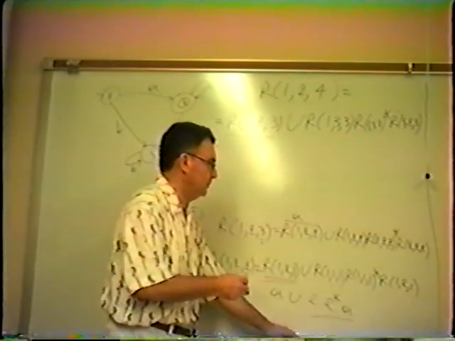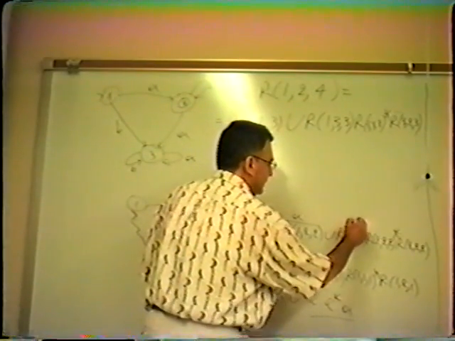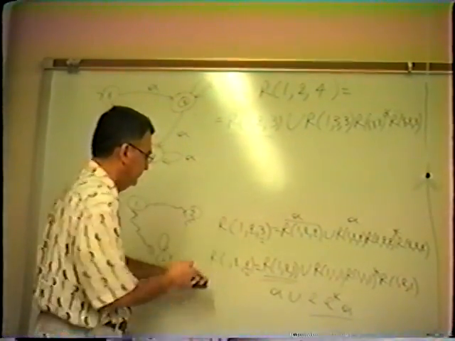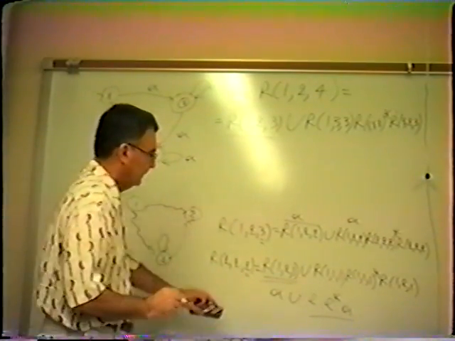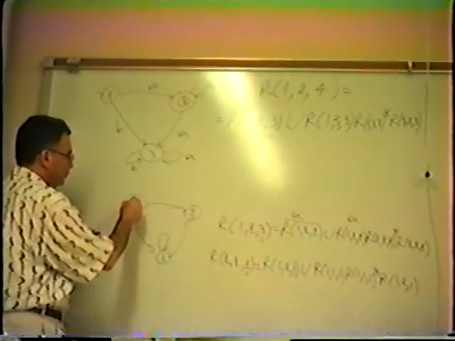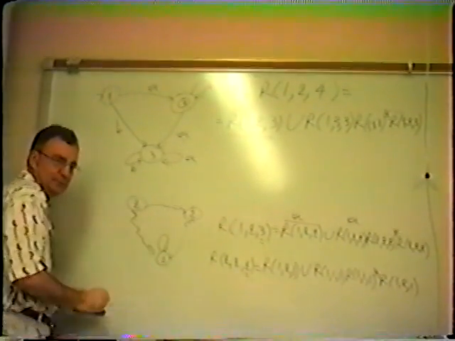1 to 2, I already calculated that's A. Now I have to figure out 2, 2, 2. What is 2 to 2? B epsilon. You go from 2 to 2, and the highest you can go is 1.